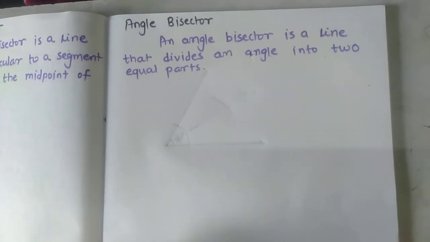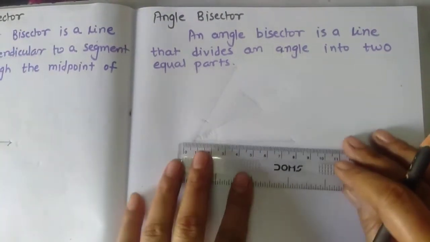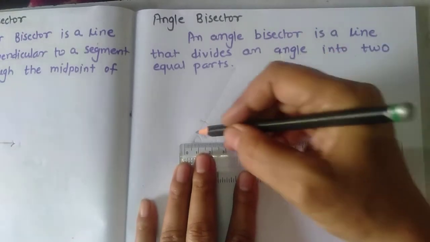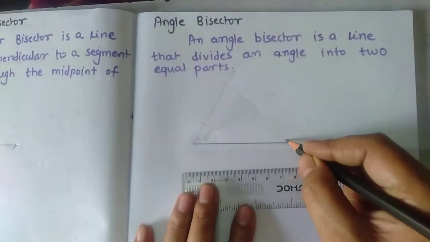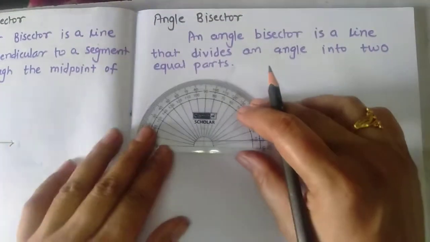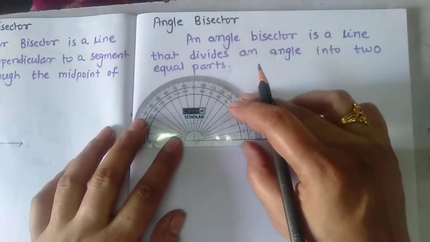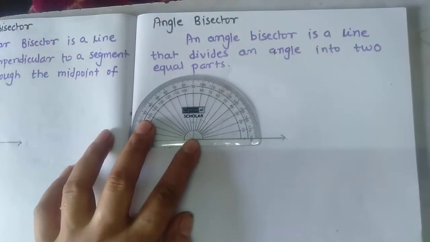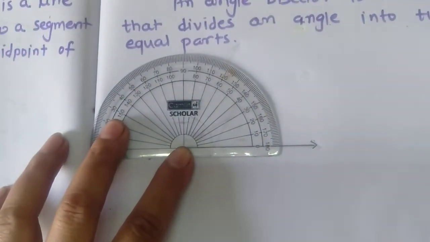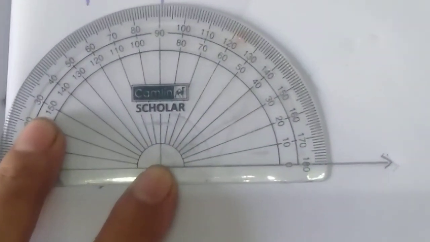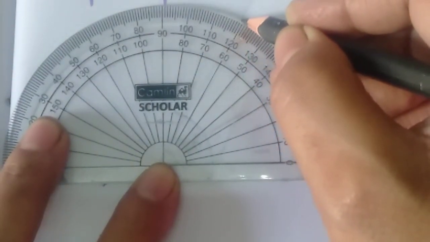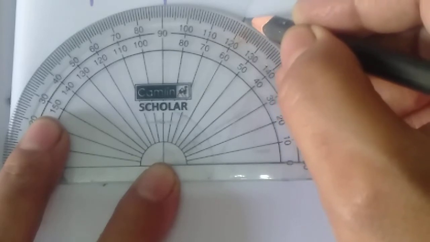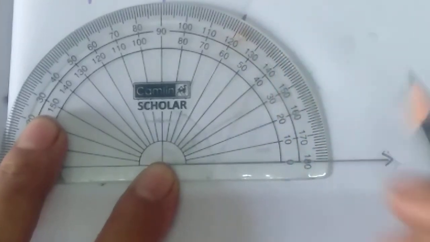See, here I am drawing the angle of 60 degrees. Please, all the students, see how to draw the angle.